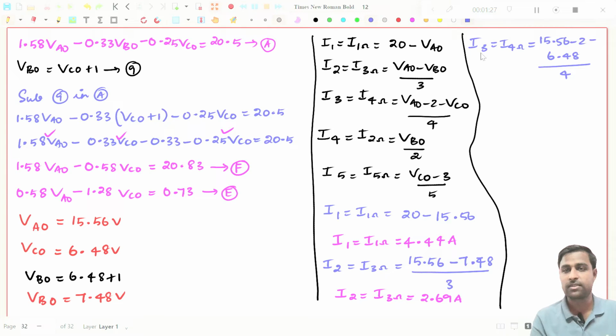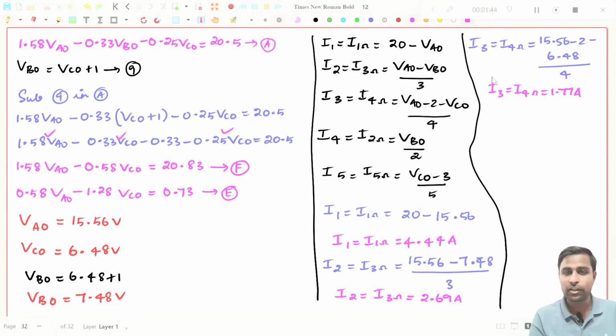If I simplify this, I am getting 1.77. So I through I3, which is equal to I through 4 ohms, should be equal to 1.77 amperes.